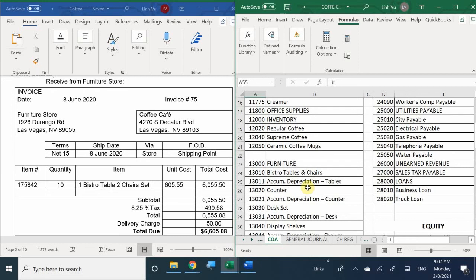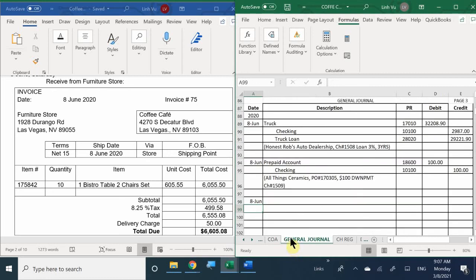Okay, so now that we have our bistro tables, I'm going to go ahead and place that in the journal. So I have bistro tables and chairs. Okay, account number 13010.